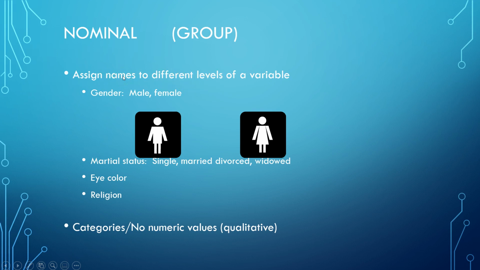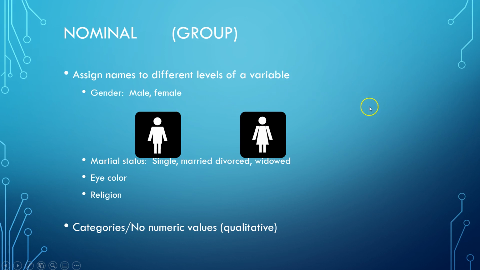There are no numbers associated with those groups. So we talked about eye color, marital status, religion, any category. And again, you might measure that category in a number of ways. This is all a research methods question, right? Gender could be two choices of male or female, or male, female, other.